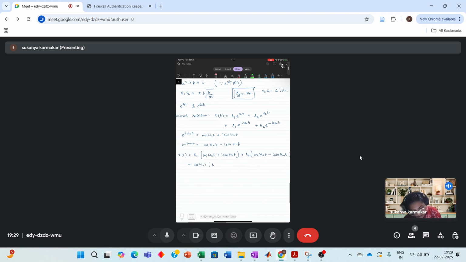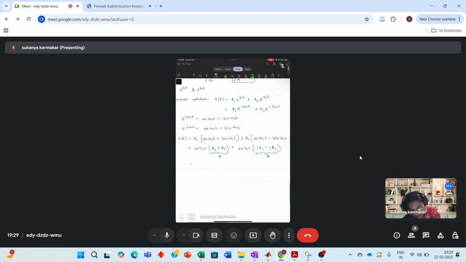So you will have a1 plus a2, right? And let's collect the sine omega n t term. So you will have i times a1 minus i times a2. Now let's write this as a and this as b. So you have the solution a cos of omega n t plus b sine of omega n t.